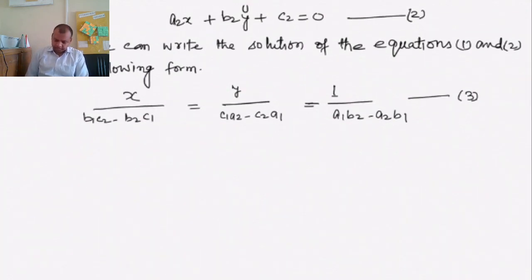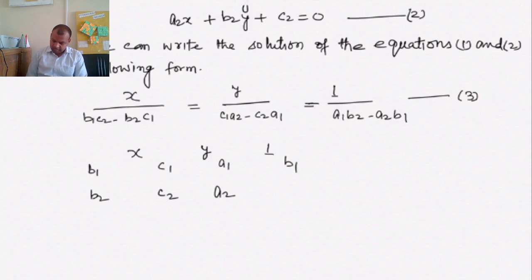So see the diagram. We can make the diagram like this: x, b1 c1, b2 c2, y, a1 a2, 1, b1 b2.